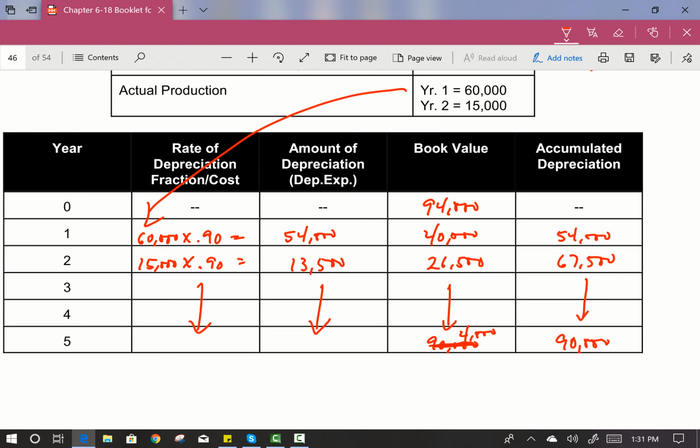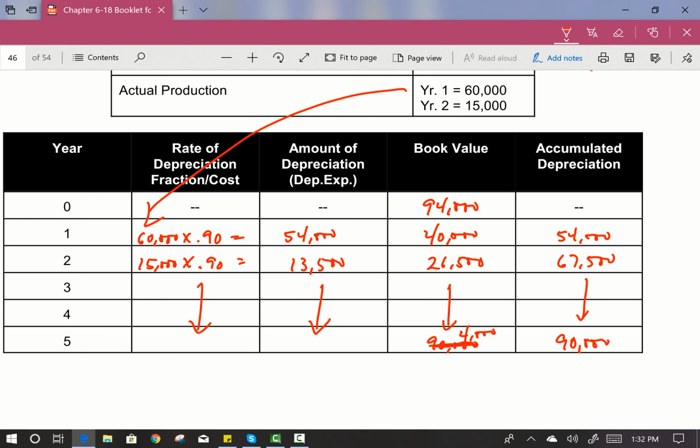Okay, and so this gives you kind of an idea of how to walk through the steps of calculating depreciation and the expense for depreciation, and what the book value and accumulated depreciation would be if you were working on a depreciation schedule. That includes the straight line method of depreciation, which gives you the same amount of depreciation expense year after year with the same rate.